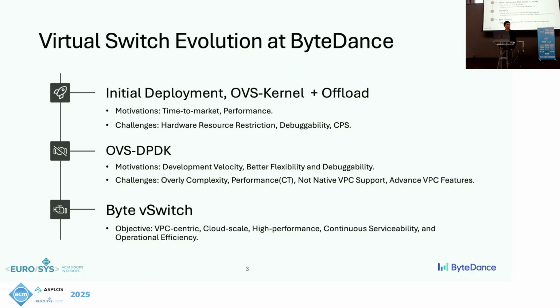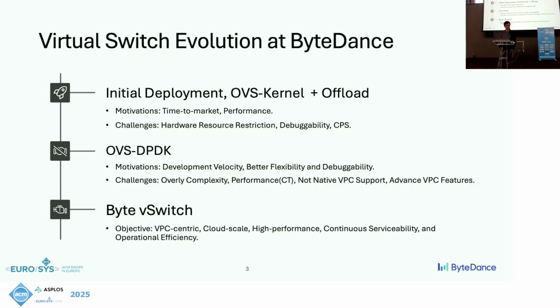There were also a lot of other issues popping up. For example, if something goes wrong, how can we debug that? Because this is hardware, and debugging in hardware is usually much harder compared to software. And the connection per second, the CPS, is pretty bad because we took the kernel version of OVS.